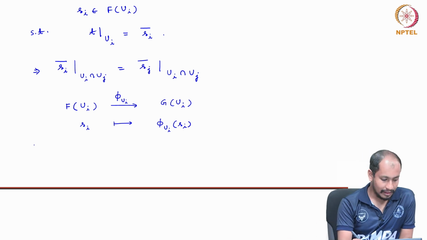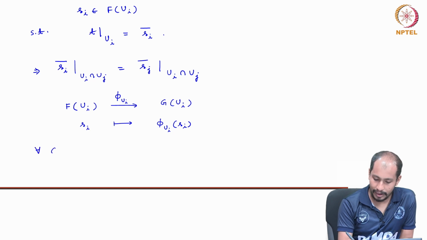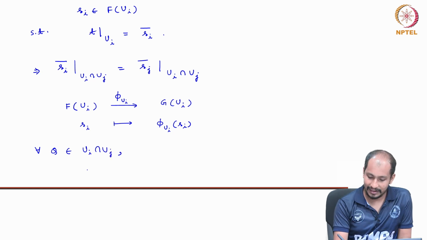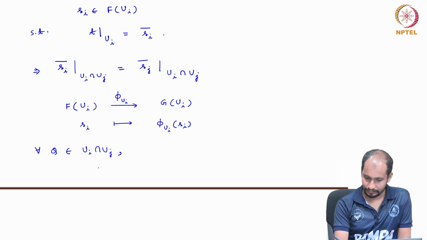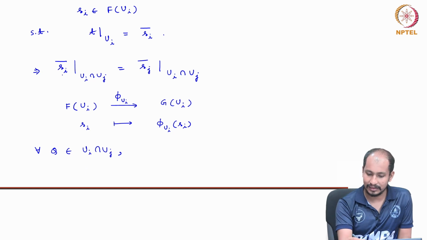Now, for all points q inside ui intersection uj, we see that si bar restricted to ui intersection uj is equal to sj bar restricted to ui intersection uj.